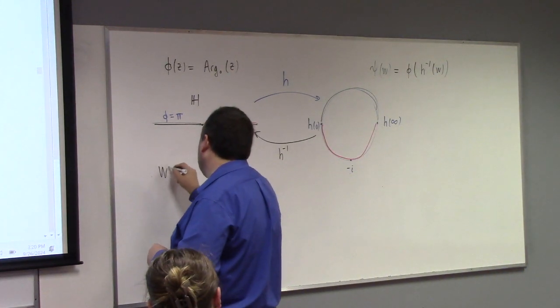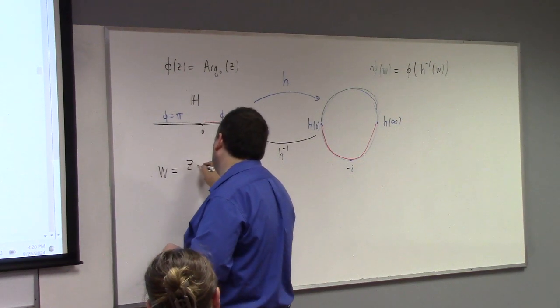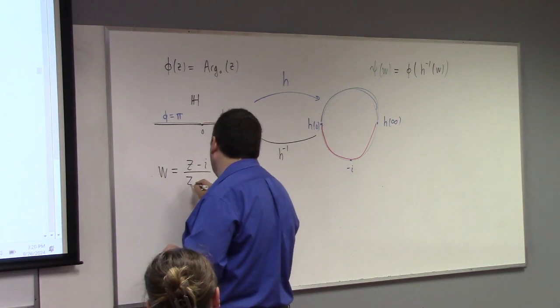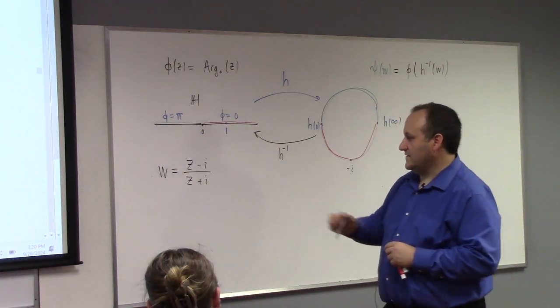See, we got W equals, that'd be good practice for us, Z minus I over Z plus I. Can we find the inverse map here? What do you have to do to find the inverse? If this is H of Z, right?